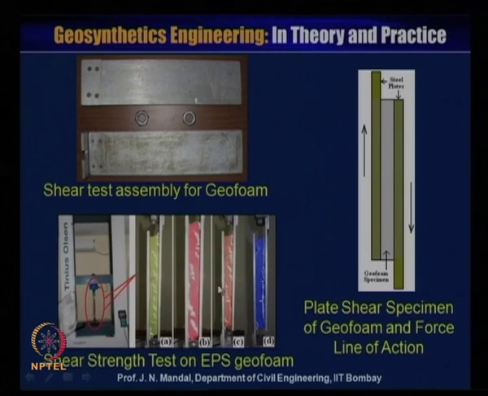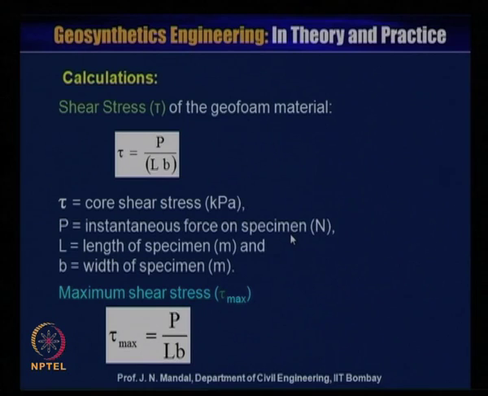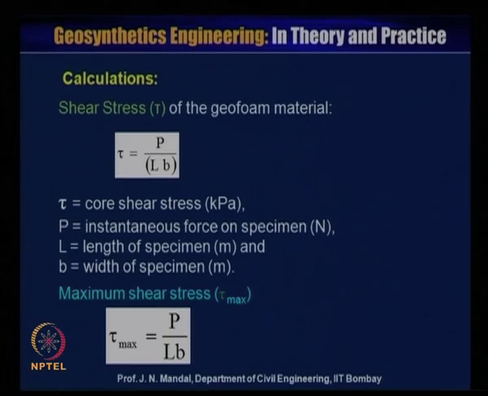Here it is for different densities: A is 15 kg per meter cube, B is 20 kg per meter cube, C is 22 kg per meter cube, and D is 30 kg per meter cube. So, this test has been performed. From this test you have to calculate the shear stress, that means tau, of the geofoam material.